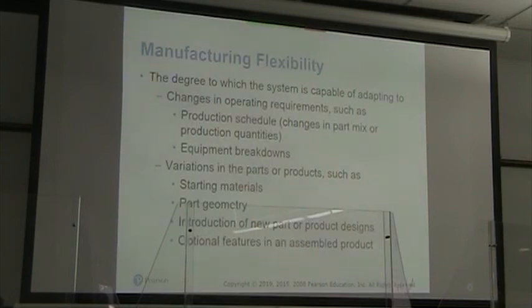The other part of that might be variations in parts or products, such as our starting materials, our part geometry, our introduction of new parts or product designs. And this also depends on, do we have optional features in assembled products?